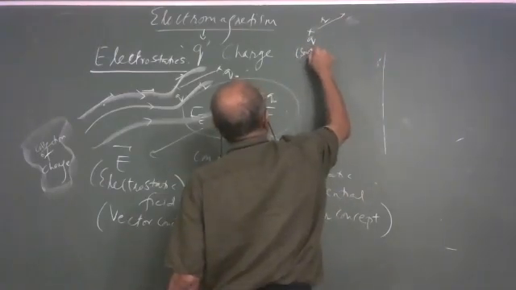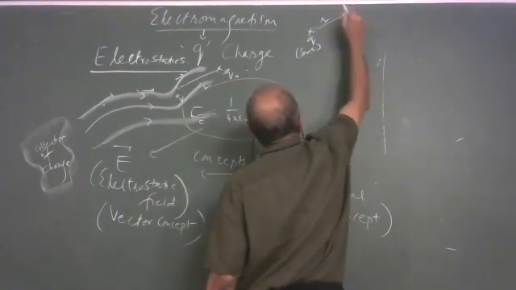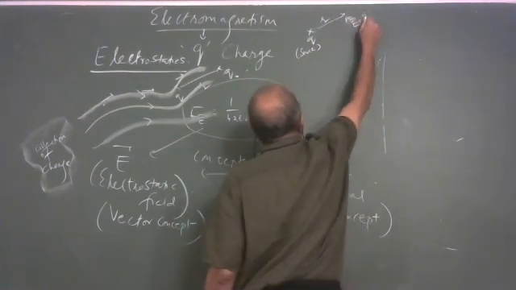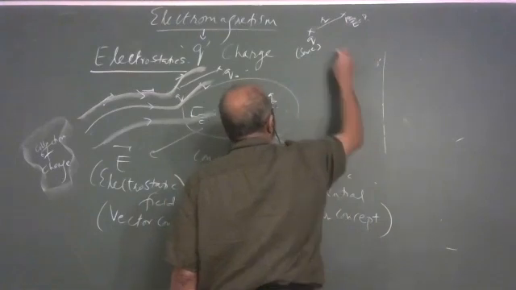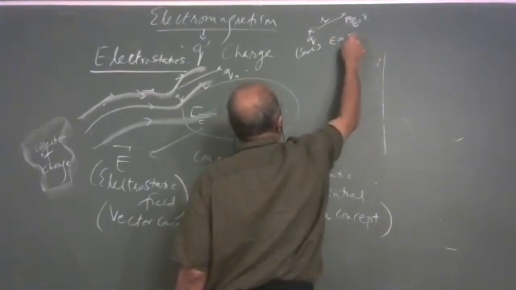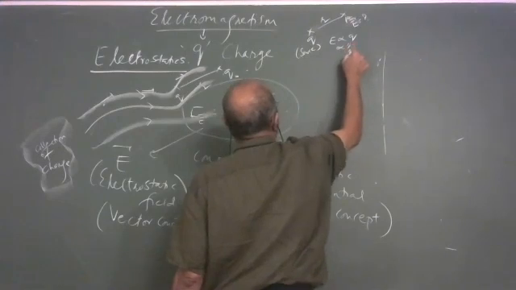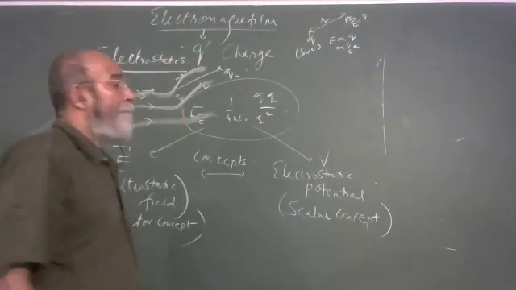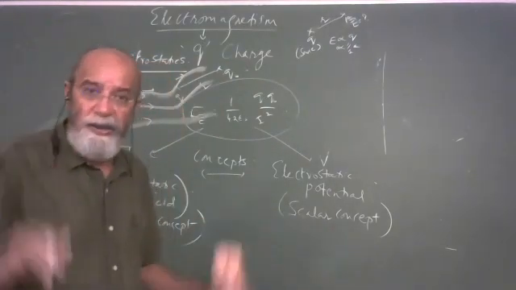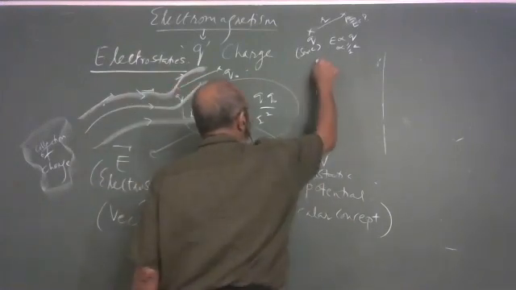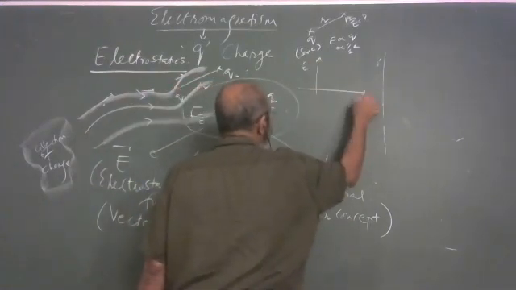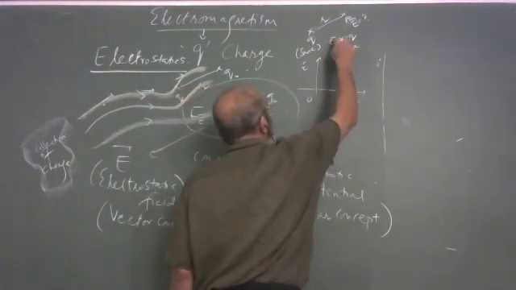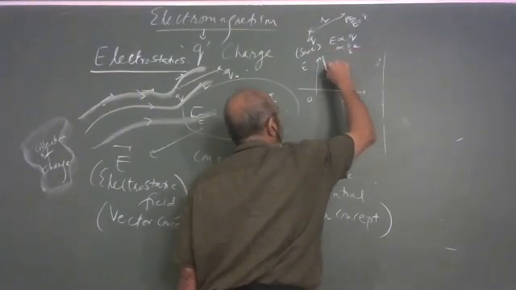Source, field point. A field is set up. The variation of the magnitude of the field with respect to R is a hyperbolic variation.